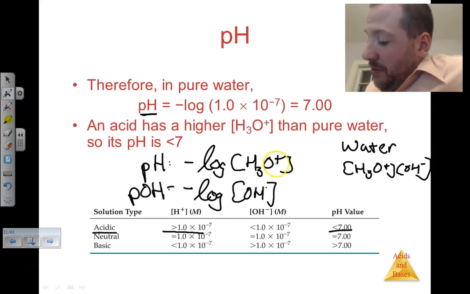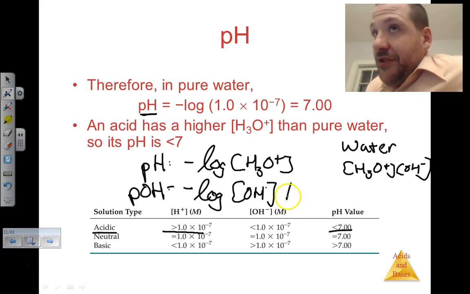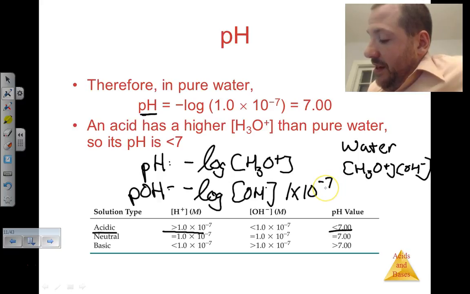When it's neutral, remember the hydronium ion and the hydroxide ion concentrations are the same, so the concentration of hydroxide ion is 1 times 10 to the minus 7 in water. And that makes it neutral. And so that means that the pOH is equal to 7.